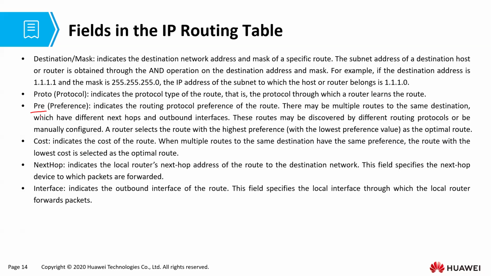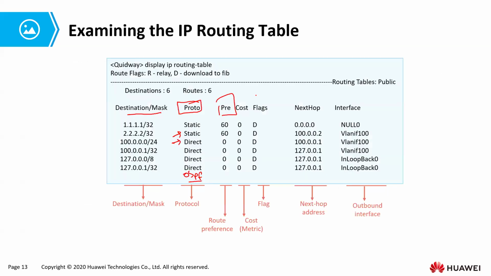In short, the preference is also what we call, if you did Cisco, the administrative distance. And it tells the router which source to trust if there are multiple routes to the destination.